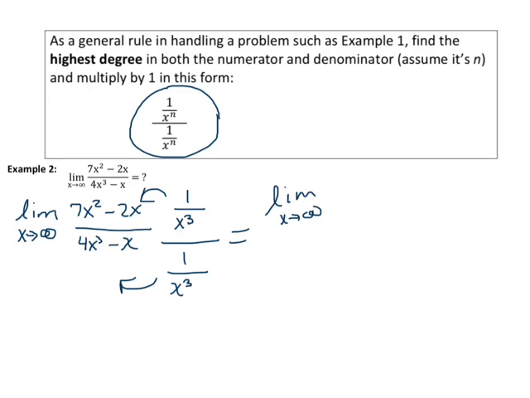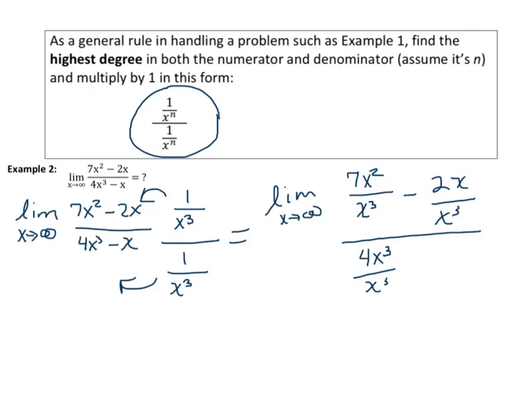We haven't evaluated this, so we continue to write this. 7x squared over x cubed minus 2x over x cubed, and then in the denominator we have 4x cubed over x cubed, and minus x over x cubed. Now let's go ahead and simplify this just a little bit.